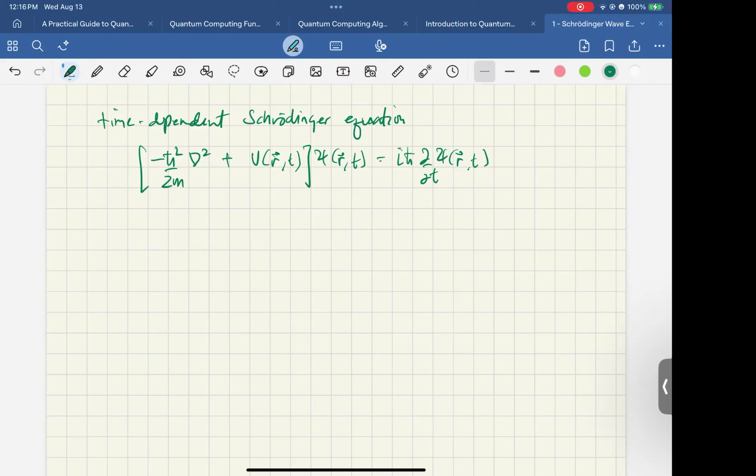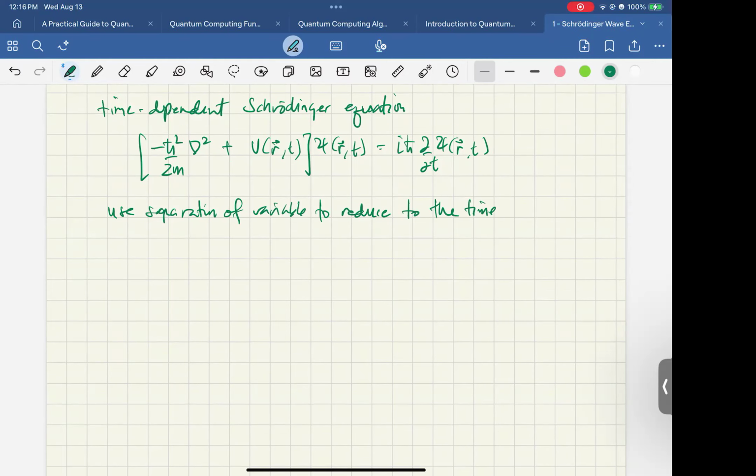If we use separation of variables, then we reduce this to the time independent Schrödinger equation.